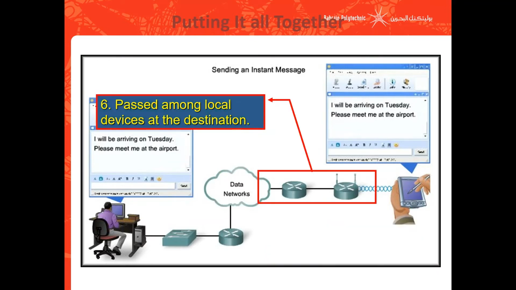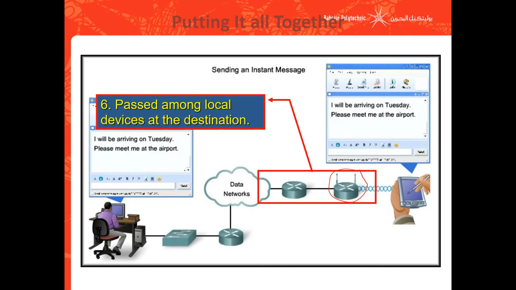Finally, the destination can also have multiple LAN devices, right? So it will pass through all those devices and then reach the destination. Maybe there's a router here, a wireless router here, and the person is connected to the wireless router. Maybe you have an extender, maybe you have another router, who knows how you've designed your network.